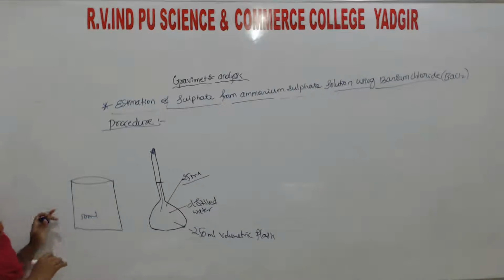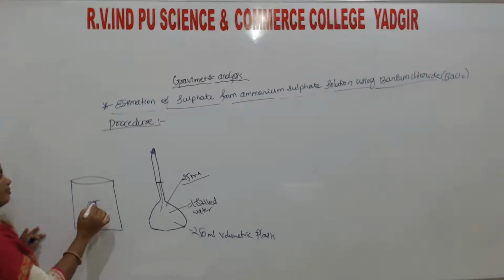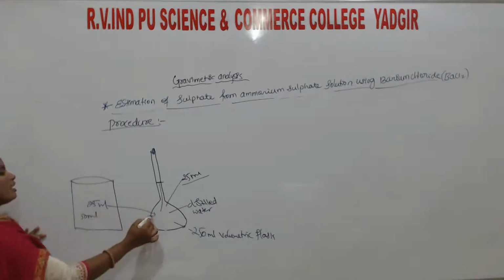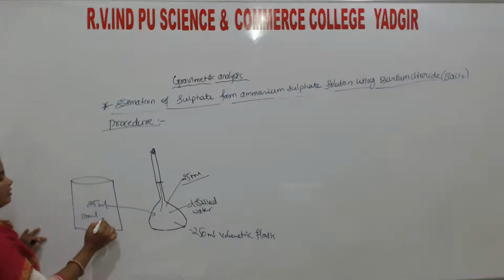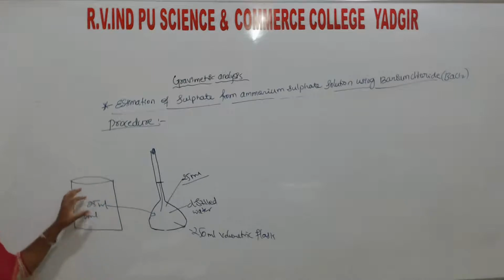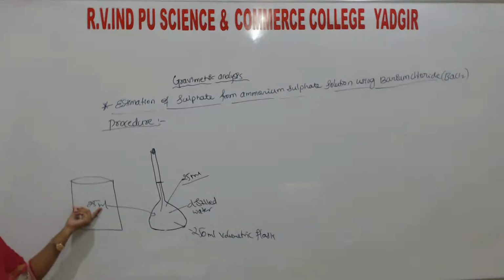Here we put the 25 ml of this diluted solution in the 500 ml beaker, and provide it with a glass rod with a policeman.